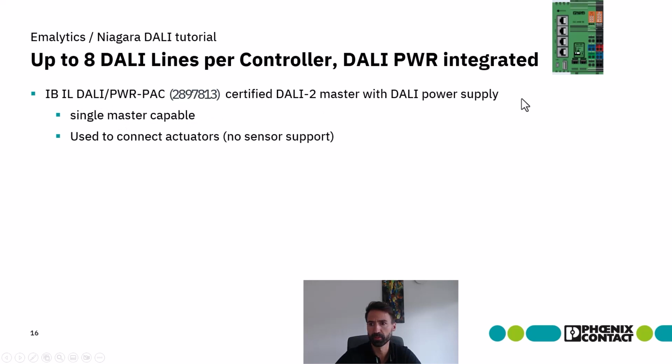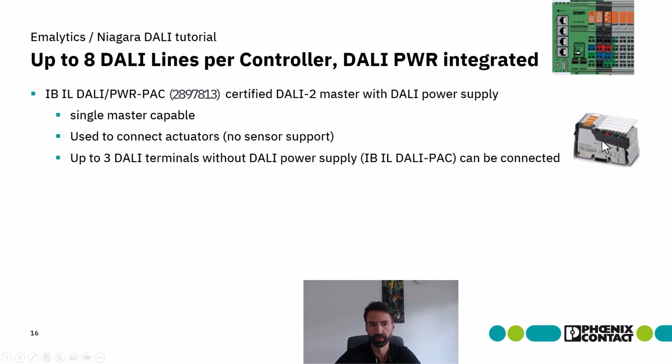So the first terminal block could be this one. It's called the IBIL DALI Power Pack. It's certified as a DALI 2 master with DALI power supply. It's single master capable, used to connect actuators, so we can't connect sensors to this DALI Power Pack module.